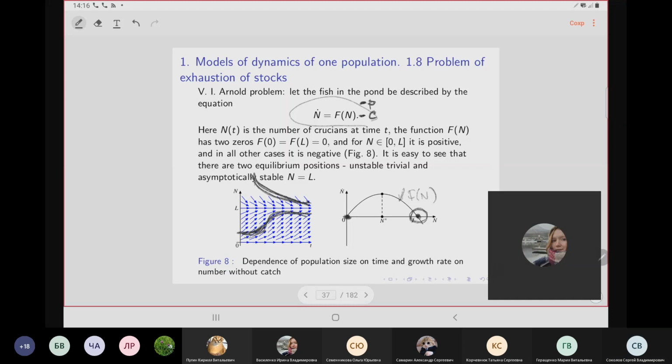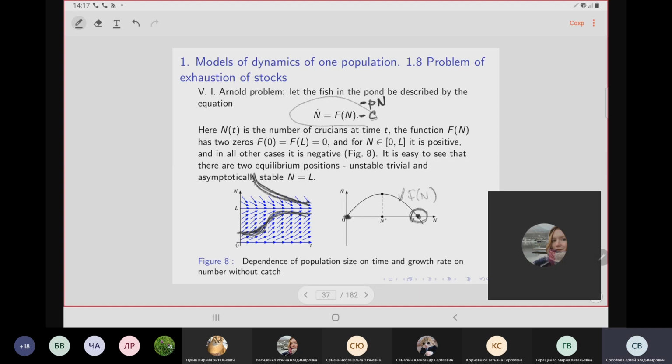So we'll try to fish the number P n. If there are a lot of fish in the pool, the hunt will be bigger. And if the number is small, then we'll not have too much hunt.